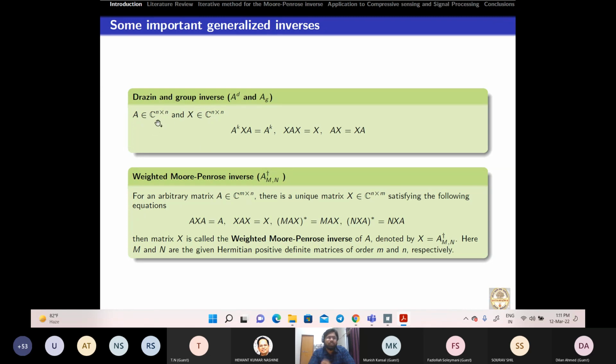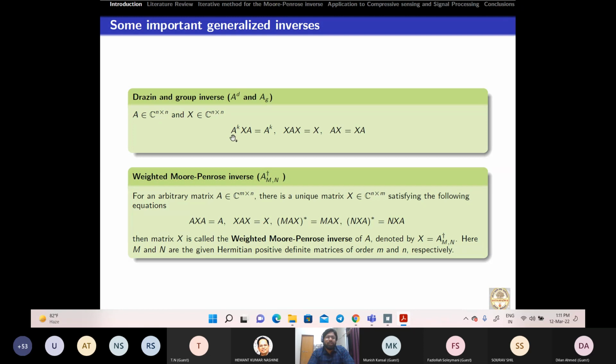If A is a square n cross n matrix, then matrix X is called the Drazin inverse if it satisfies these matrix equations: A^k XA equal to A^k, XAX equal to X, and AX equal to XA, where k is called the index of A. The index is the smallest number such that rank of A raised to the power k plus 1 is equal to rank A.